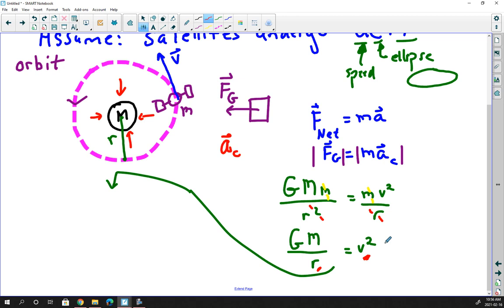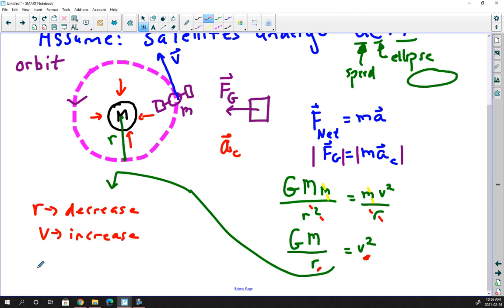So if you have an orbit that's very close to the surface, say, so r is decreased. Let's say a satellite wants to orbit very close to our planet Earth. If r is very small in the denominator, that means this quotient gets larger and therefore your velocity is increased.